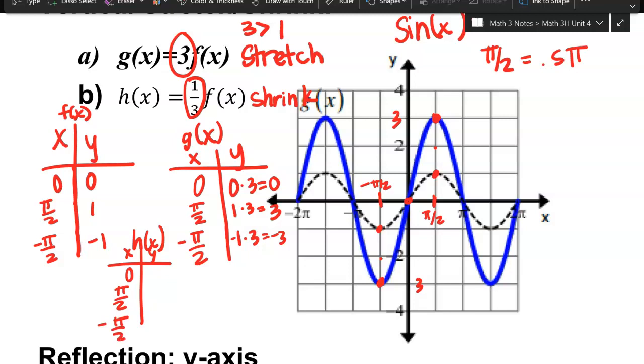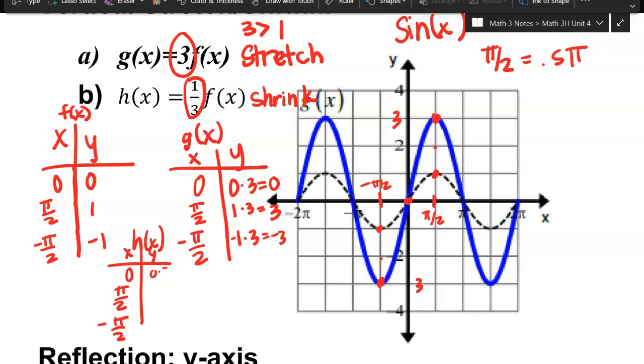And you don't have to have these memorized on your assignments and things. You won't have, like, your sine and cosine graph. This is just to show you what a stretch and shrink is like. So don't worry so much about, oh, I need to know what the pi halves and negative pi halves is. You don't necessarily. Usually your graphs will be labeled for you and you can determine from there.